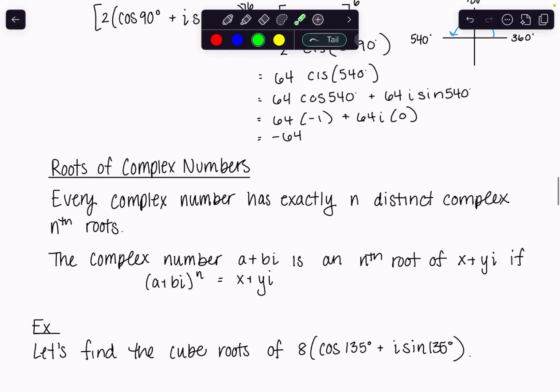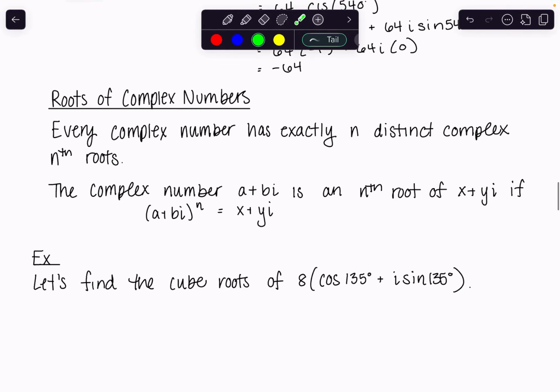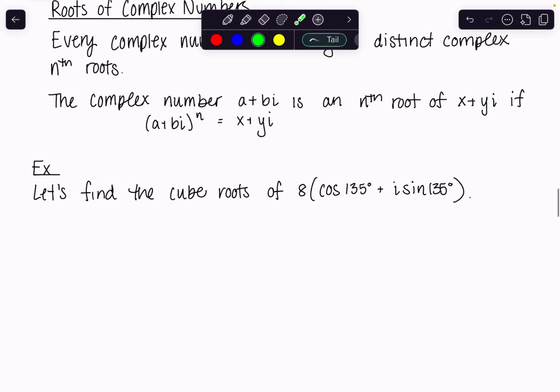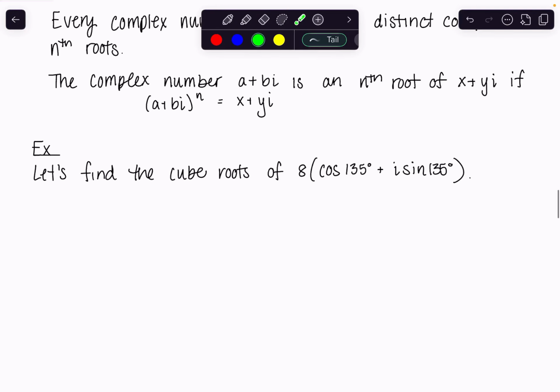So let's start with an example. Let's find the cube roots of 8 cosine of 135 plus i sine of 135. Okay.